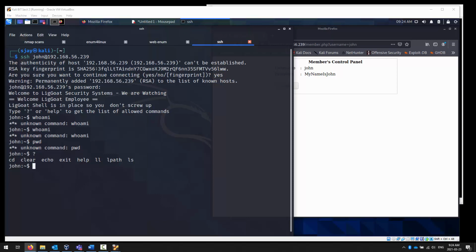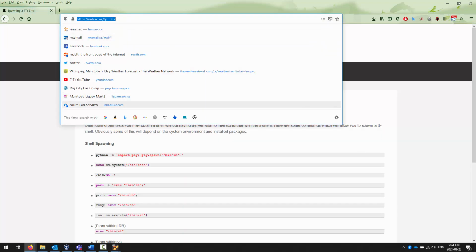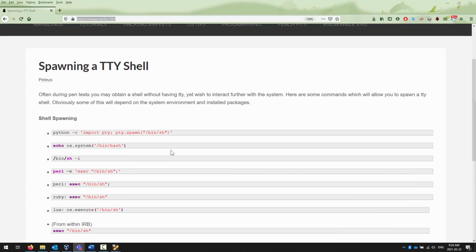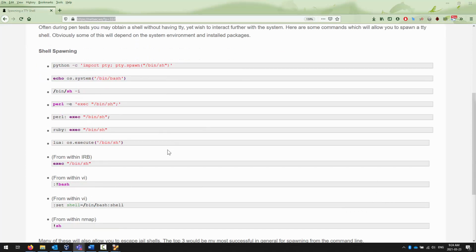There it is. I pointed this content out to you a while ago, and I'm going to add it to the chat log. This was a collection of quick ways to spawn shells when you're trying to compromise the system.